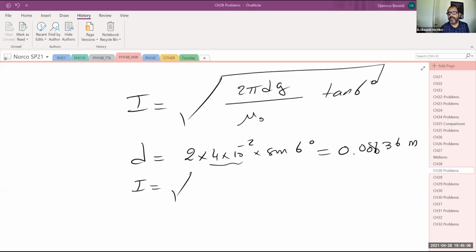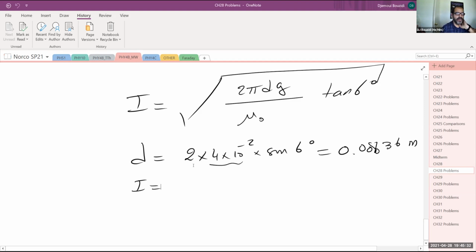And let me find where the other screen is. Share. This one. So now it's saying the current is 200 amps. I mean, I know the current will be high because, okay, 6 degrees is a small number, so its tangent must be a very tiny number.